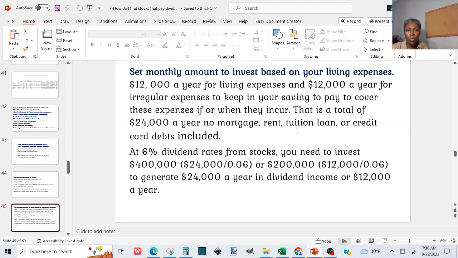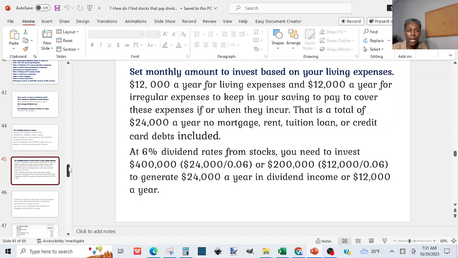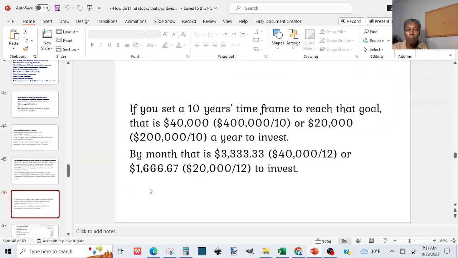At 6%, you will need $200,000 invested to generate $12,000 a year in dividend income. Then you divide that $200,000 by 10 to see how much you need to invest a year, and that will be $20,000. You divide that $20,000 by 12 to find how much you need to invest a month.